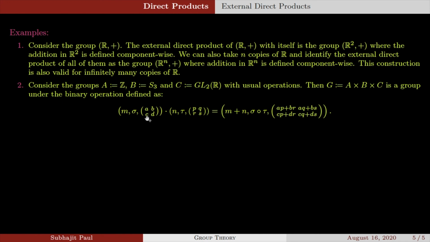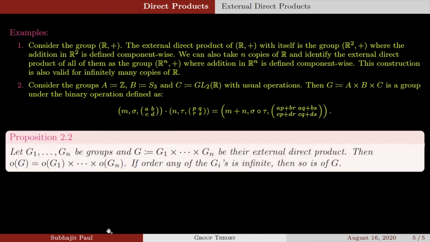In the third coordinate, we have elements from GL2(R), where the binary operation is matrix multiplication. So the third component is the product of these two matrices. This is the entire definition of the product. This example is to show that this can be pretty general as well.